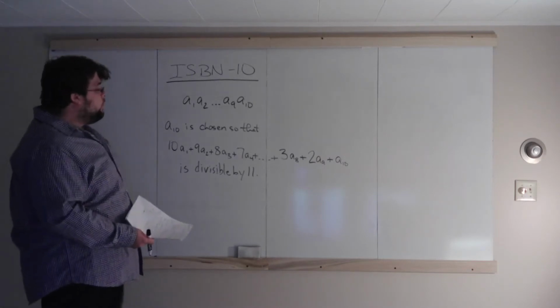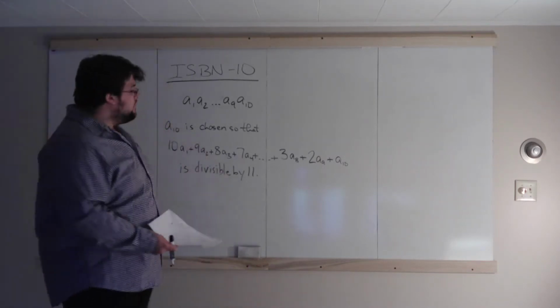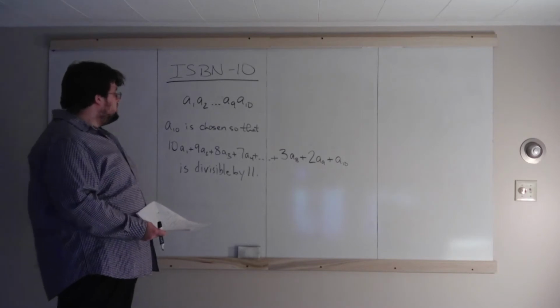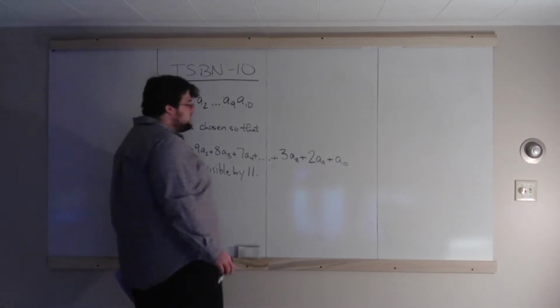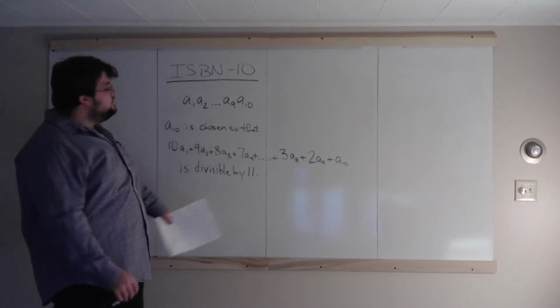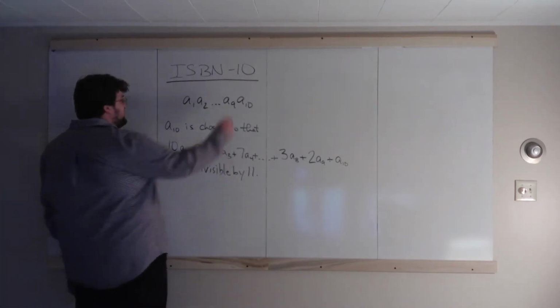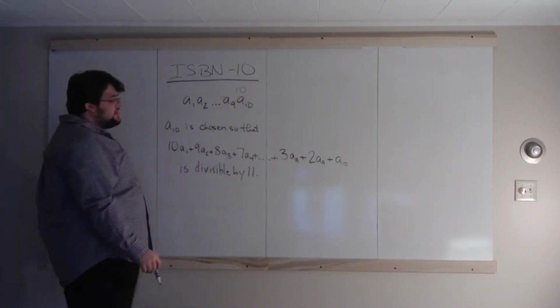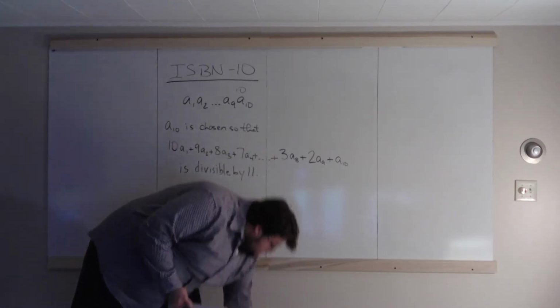Now there is one issue, and I guess I'll explain the issue right now. One issue with this is that this check digit could be 10. And if the check digit is 10, well then that makes this an 11-digit number.